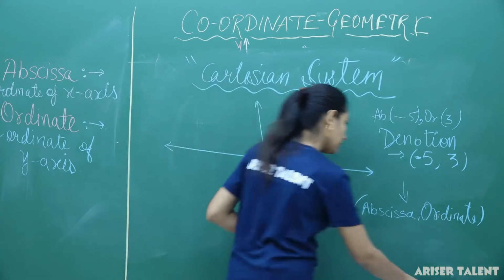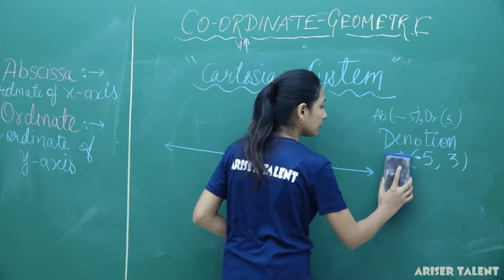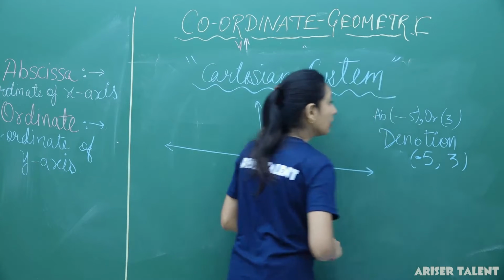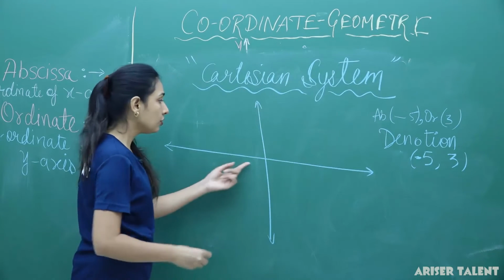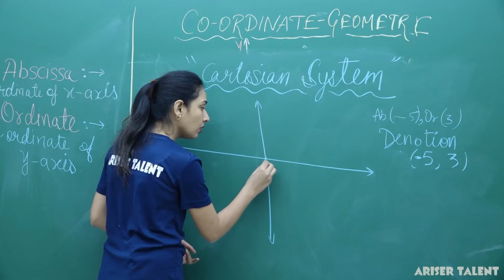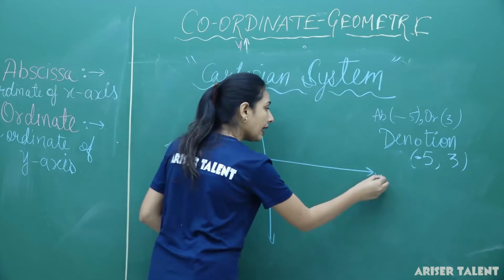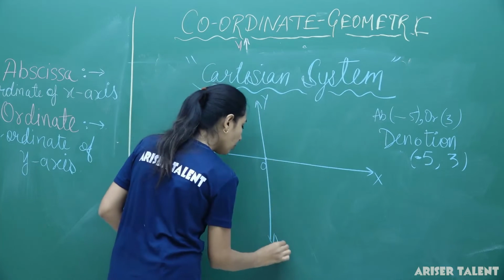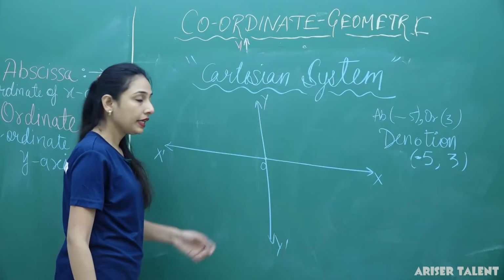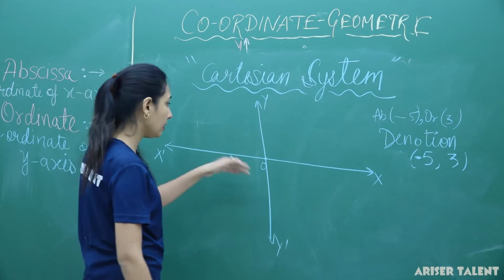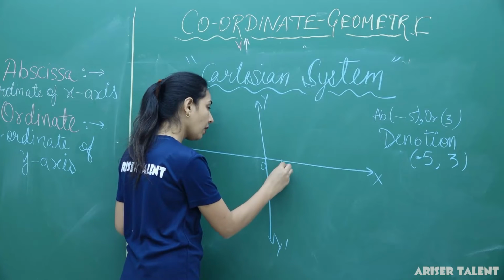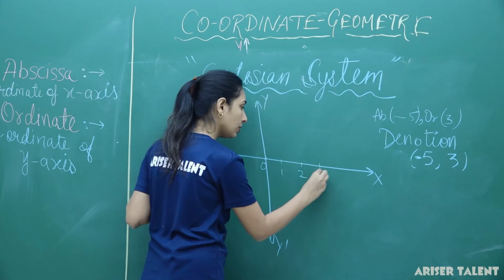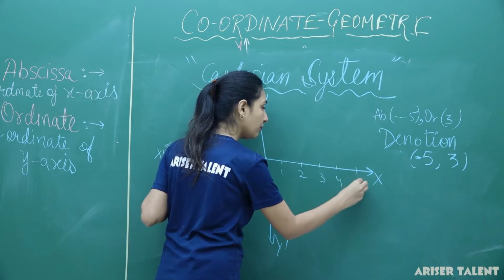Now, talking about representing it. This is our O, this is X, O, X dash and Y, O, Y dash. Now you know how to draw a number line, horizontal and vertical. So 1, 2, 3, 4, 5 here.